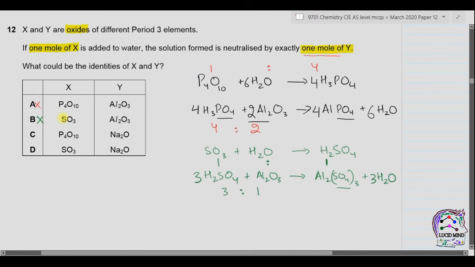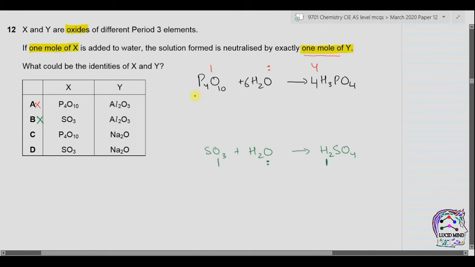Now coming to part C. Part C has P4O10. So the equation is similar. Now 4 moles of H3PO4 are formed. It reacts with Na2O, and the product is sodium phosphate and H2O.